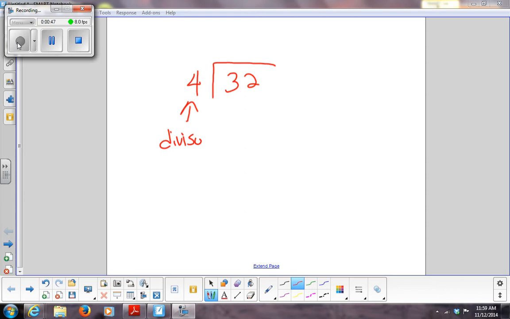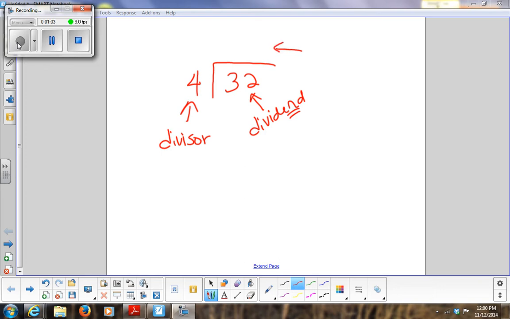The dividend. Good. So then what is this? The dividend. Good. You can think of it as the house. And then what goes up here? Quotient. Everybody say quotient.